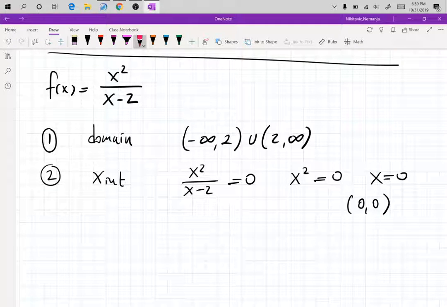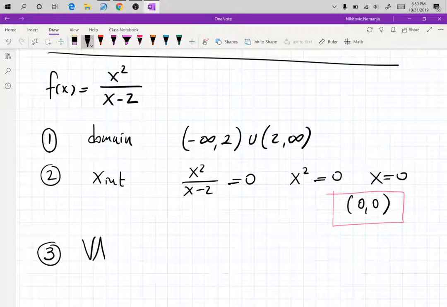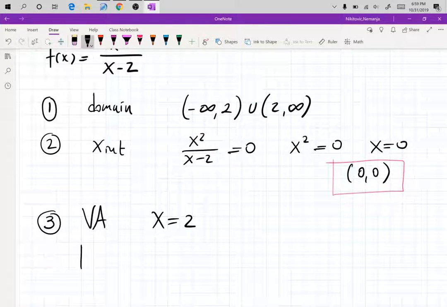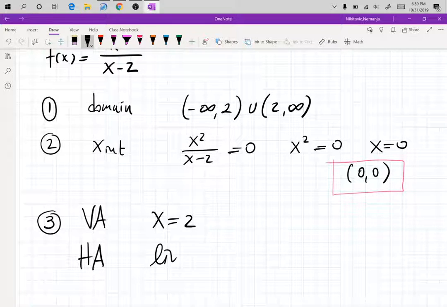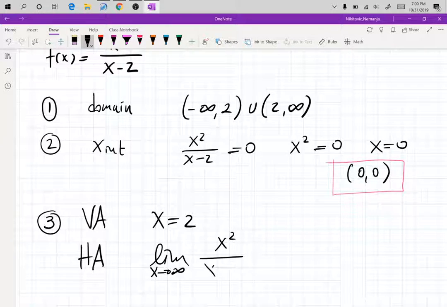And now that's at the same time x and y intercept, so both. Number 3, vertical asymptote, we already have x equals 2 because it interrupts the domain. Horizontal asymptote is limit as x goes to infinity of x squared divided by x minus 2.